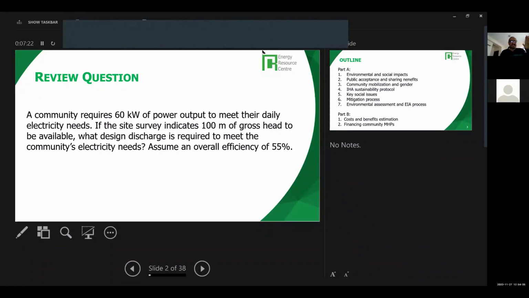This includes the hydraulic efficiency of transferring water from the river to the powerhouse, the turbine efficiency, the losses in the turbine, and the generator losses. So we assume 55% overall efficiency, and we want to know what is the design discharge.